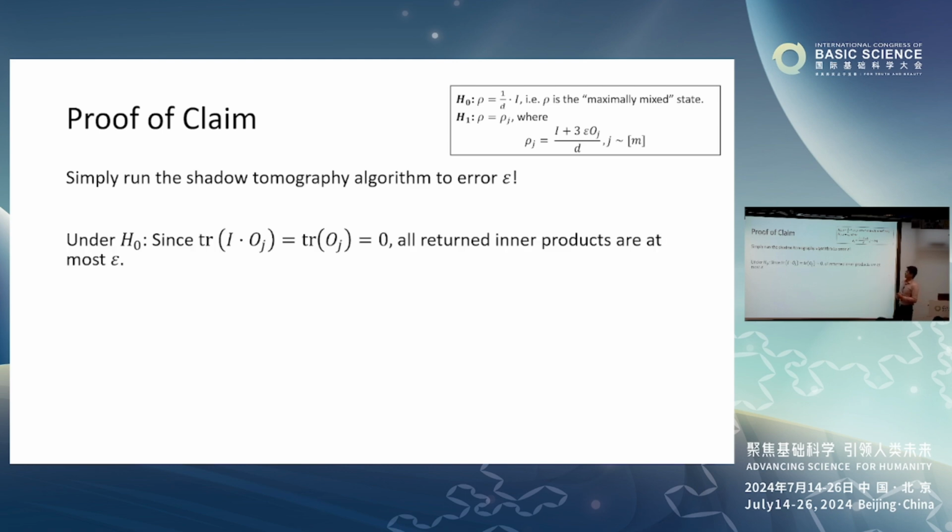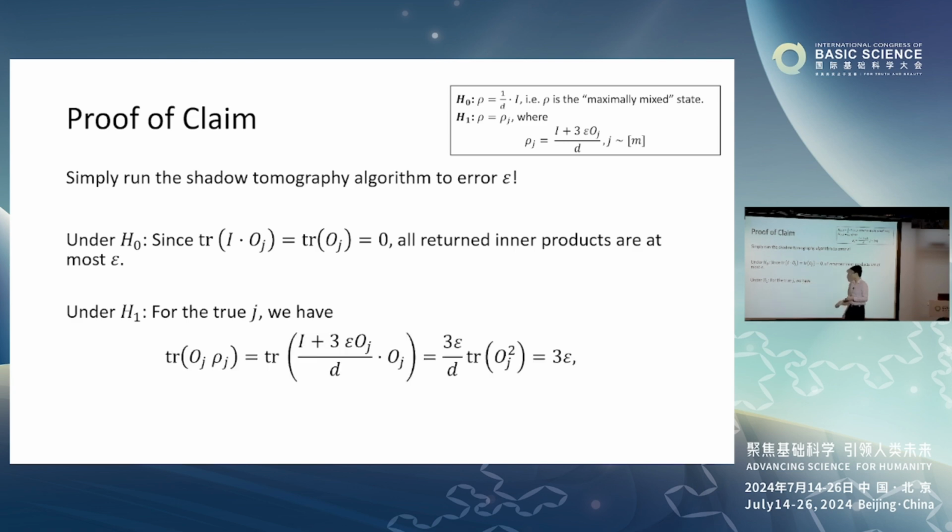In the case of the null hypothesis, we've made it such that all the O sub j's are traceless, so the true trace inner product is 0, and we get all the trace inner products at most epsilon. On the other hand, under the alternate hypothesis, for whichever true j we've sampled, it's a simple calculation that shows that the trace of O_j rho_j is 3 epsilon.